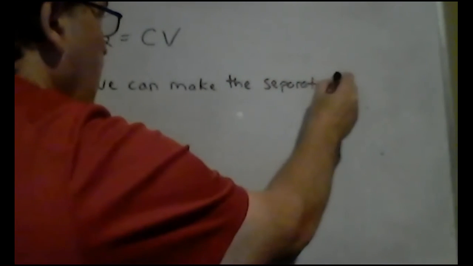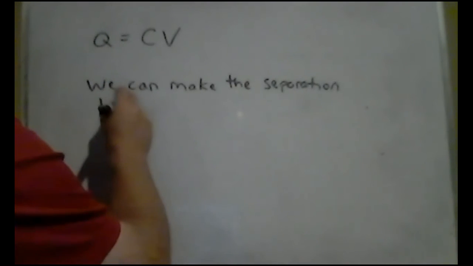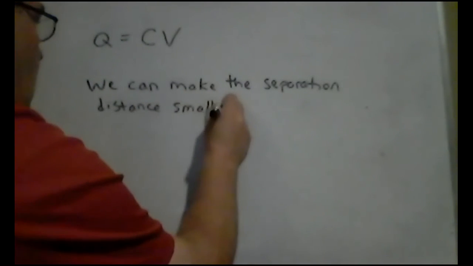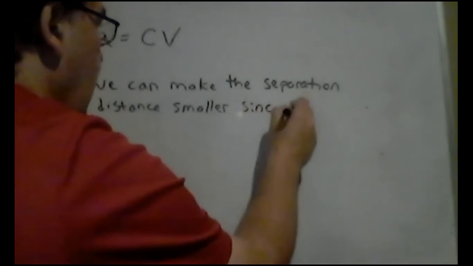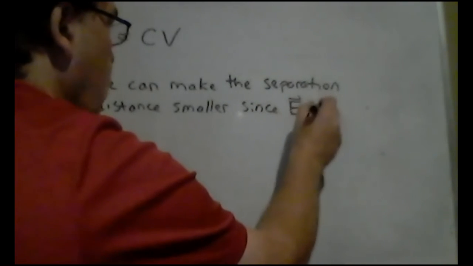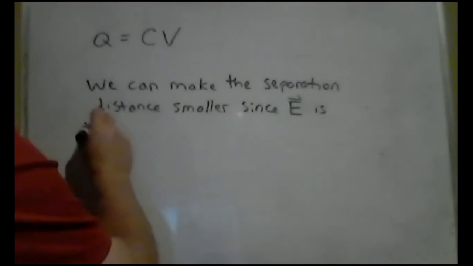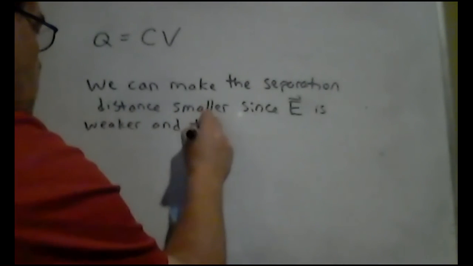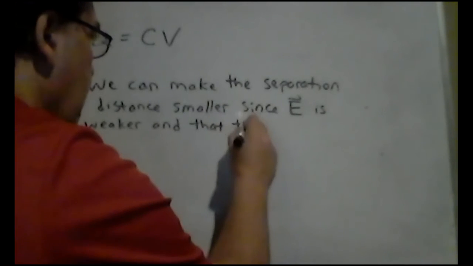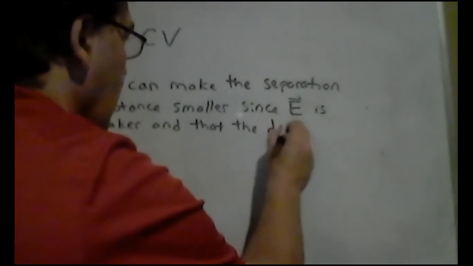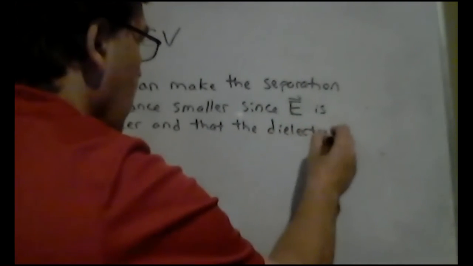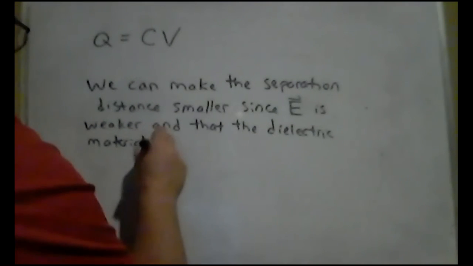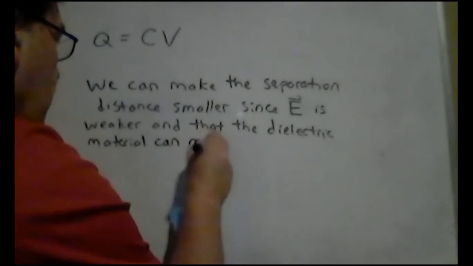We can get away with that now, since E is weaker and the dielectric material can maintain a larger electric field.